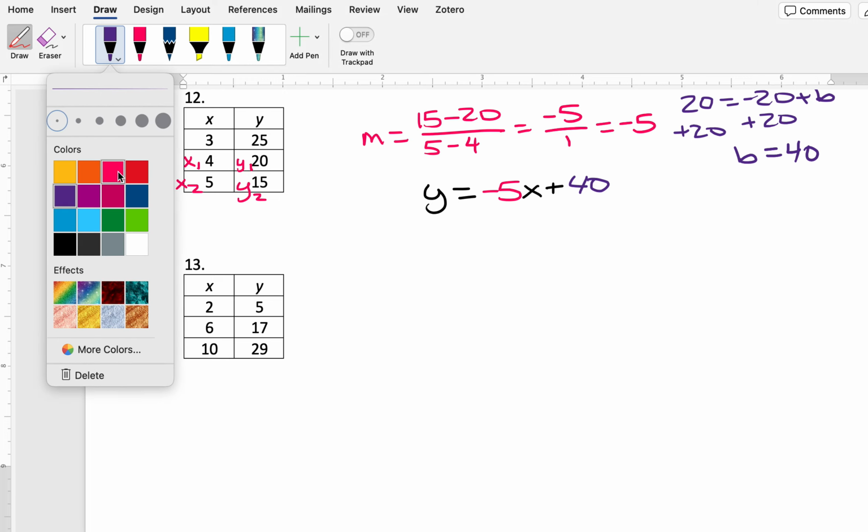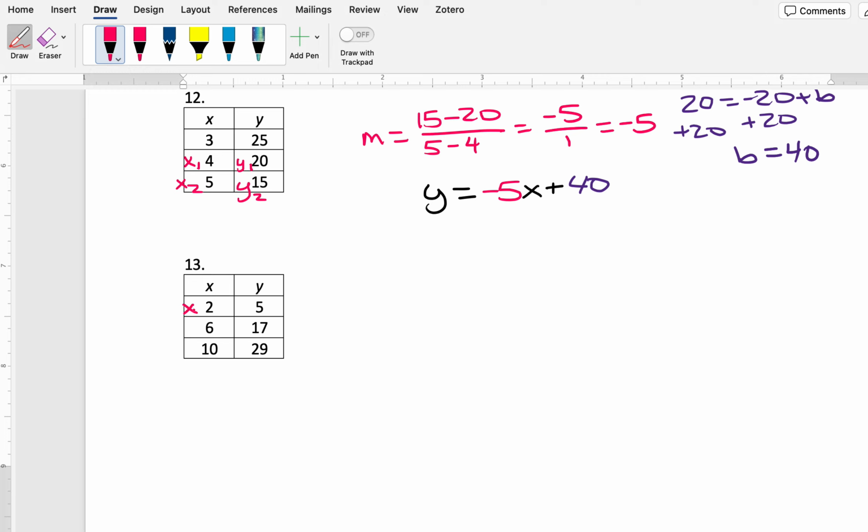Or I could use the slope formula. So we'll do that real quick here with one pair of points. If I choose the top 2 points, 17 minus 5 over 6 minus 2.